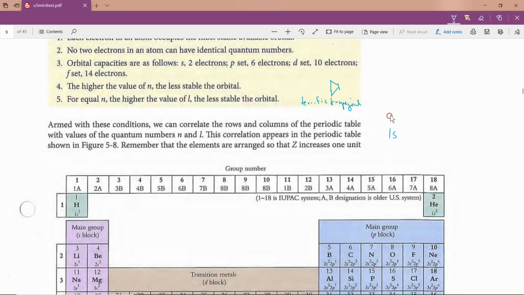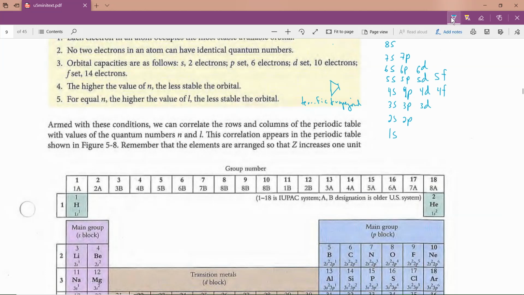So I go from 1s up to 8s: 1s, 2s, 3s, 4s, 5s, 6s, 7s, 8s, and then the p's, I got 2p, 3p, 4p, 5p, 6p, 7p, and then the d's, I got 3d, 4d, 5d, 6d, and then the f's, I got 4f and 5f. So you see how it makes a trapezoid.